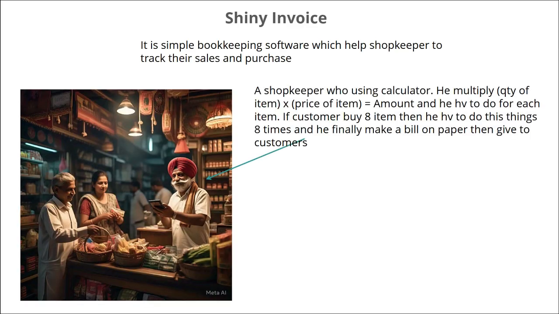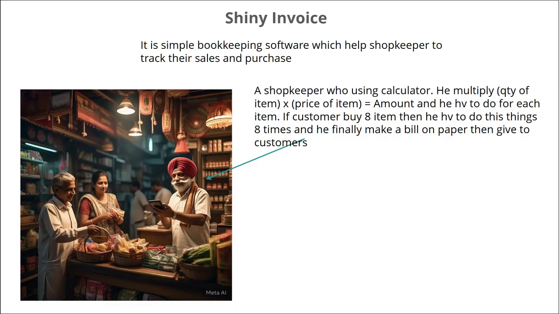Even today, the majority of shopkeepers in India use a calculator for doing calculations, right? As you can see in the image, a shopkeeper is using a calculator. Suppose a customer buys grocery items like bananas and apples. What does he generally do?